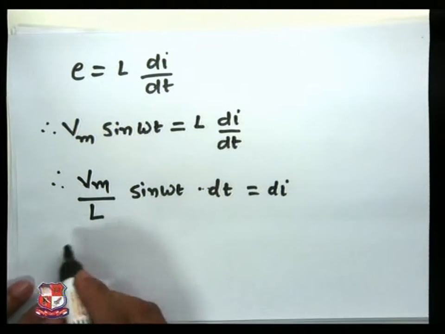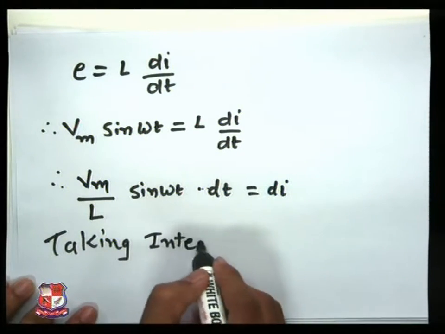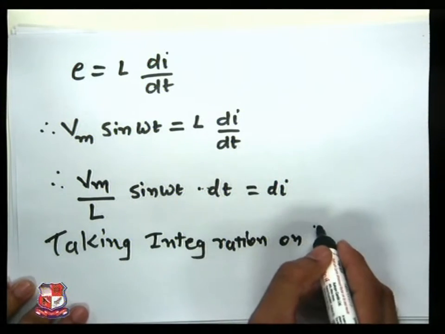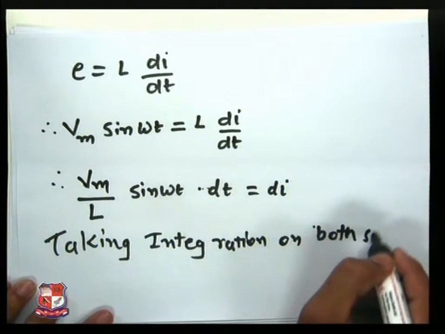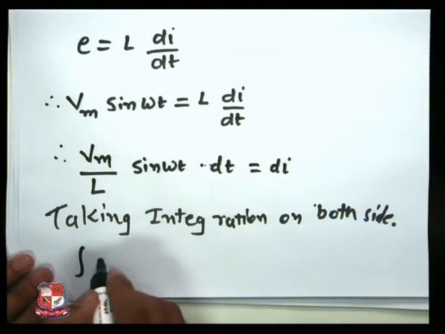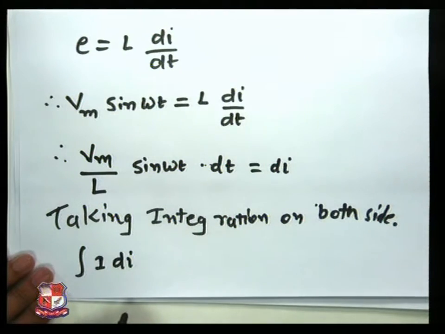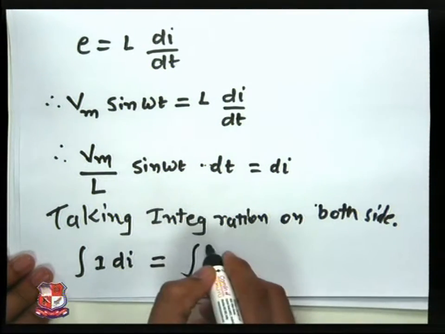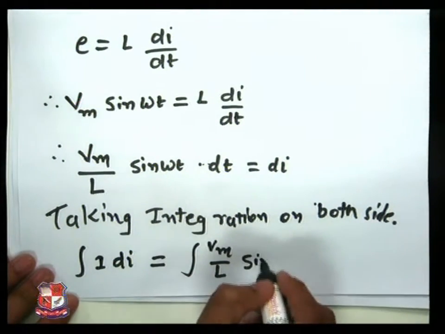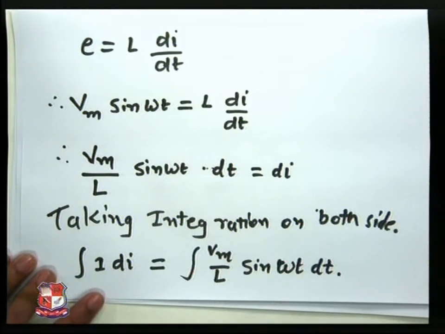Taking integration on both sides, I write integration of 1 di equal to integration of Vm upon L sin omega t dt.